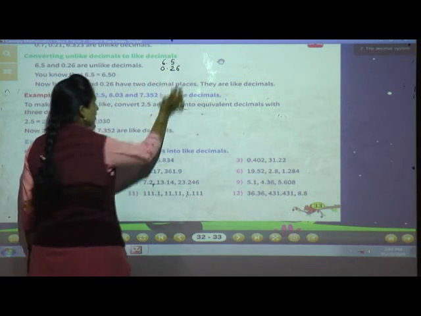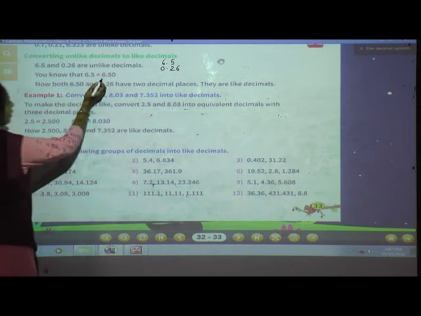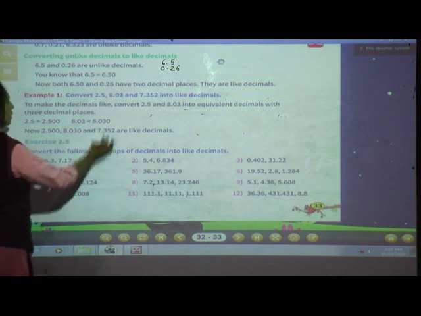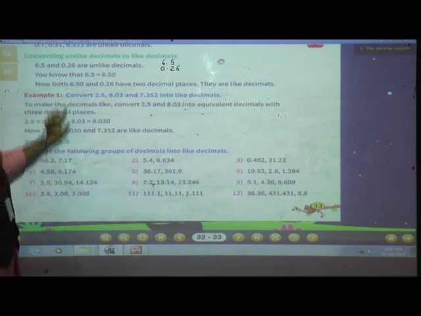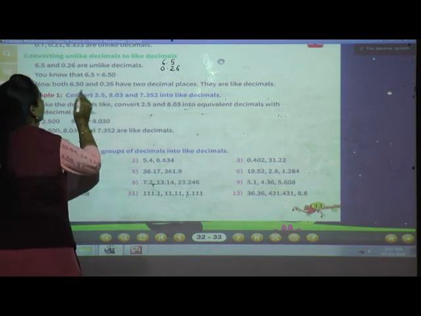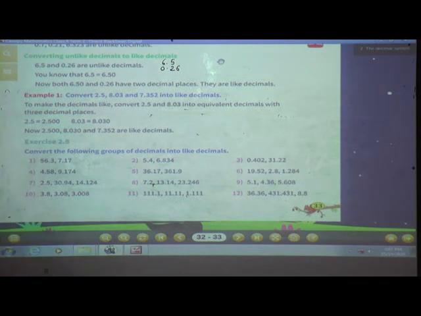After the decimal, different numbers are there, meaning 1 digit and 2 digits. You know that 6.5 and 6.50 are equal, isn't it? We have studied this in equivalent decimals. Now both 6.50 and 0.26 have 2 decimal places, that's why they are like decimals.